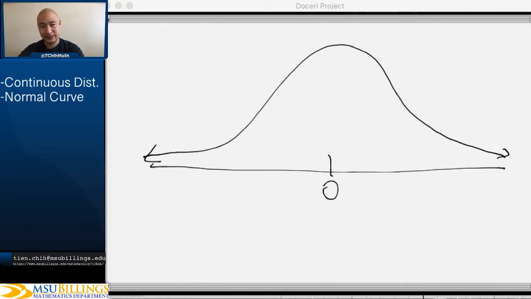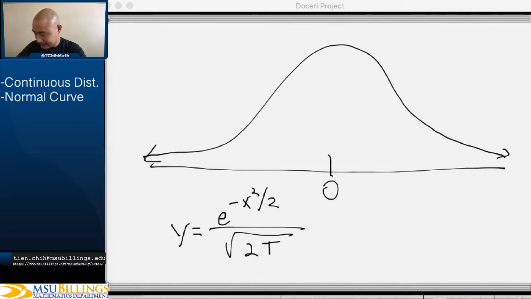And so there we go, and it's centered at 0 here. And then the formula for the shape of this curve is y equals e to the minus x squared over 2, over the square root of 2 pi. All right.